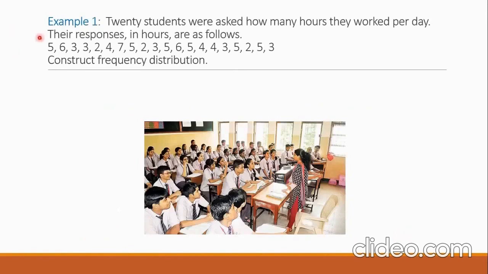Let us see example 1. 20 students were asked how many hours they worked per day. Their responses in hours are as follows. These are the data. Construct frequency distribution.